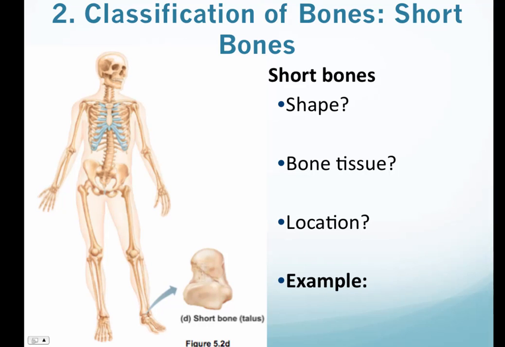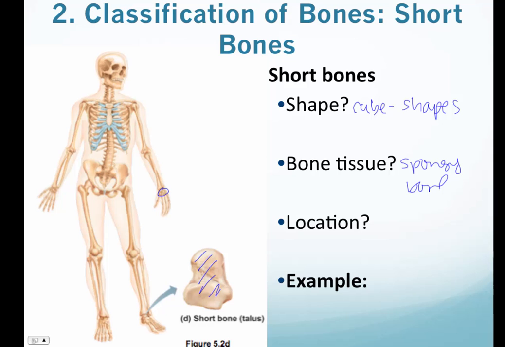Next type of bone we have is short bones, and these are cuboidal shaped. And it's mostly composed of spongy bone. However, the outermost layer is compact, but inside is all composed of spongy bone. And these are located in the bones of your wrist and your ankles.